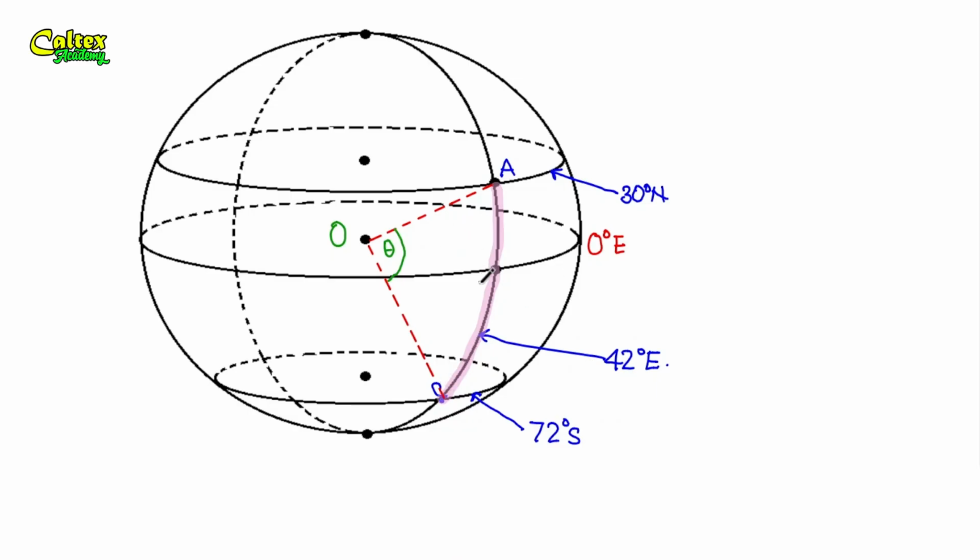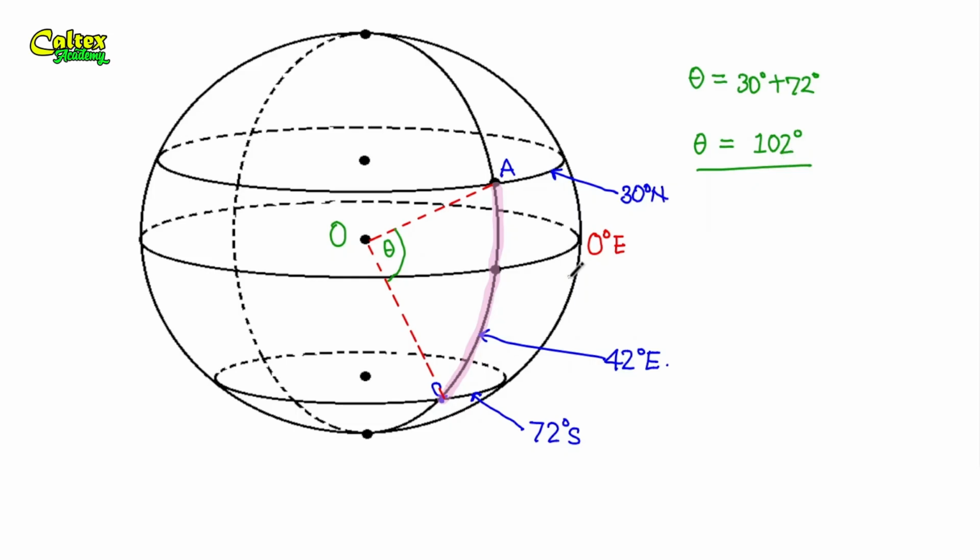So what we have to do to get this angle difference is add these 2 angles together. So theta is given by 30 degrees plus 72 degrees. Therefore, when you add them together, you get 102 degrees.